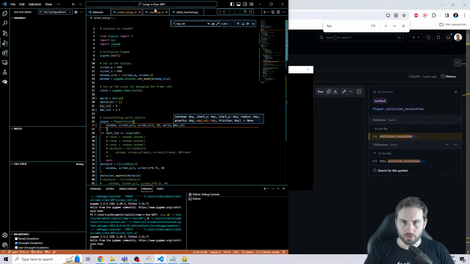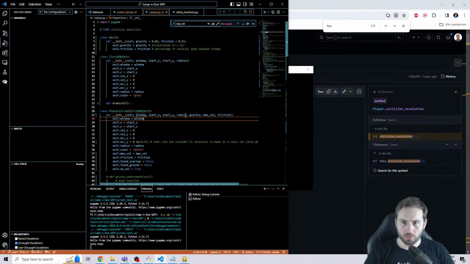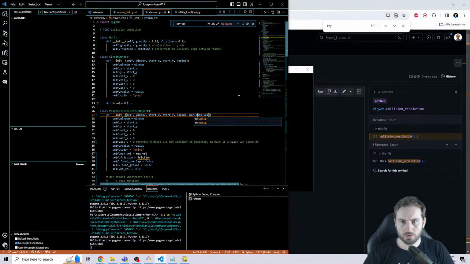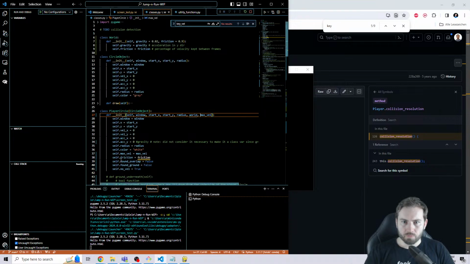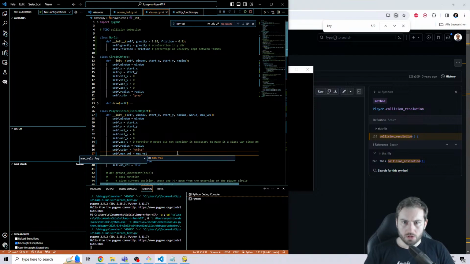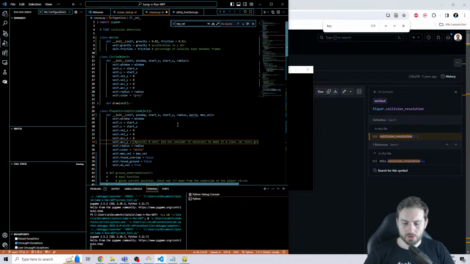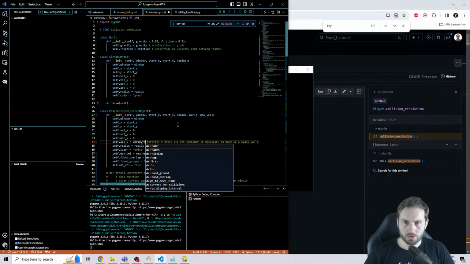Now I want to give it a world parameter. Which position was it again? Before the Maxwell. Right. Okay. And then this one goes away. Self acceleration equals world dot gravity.